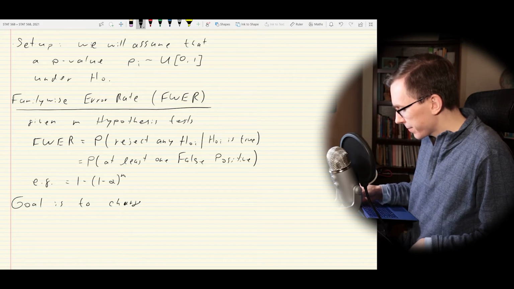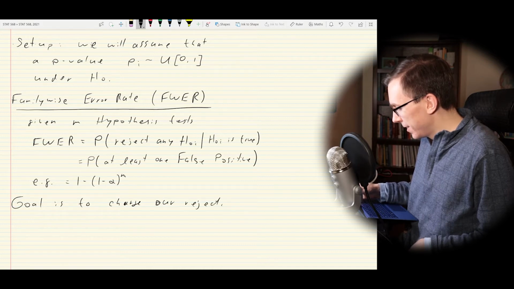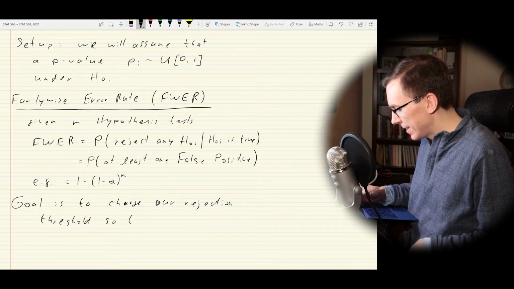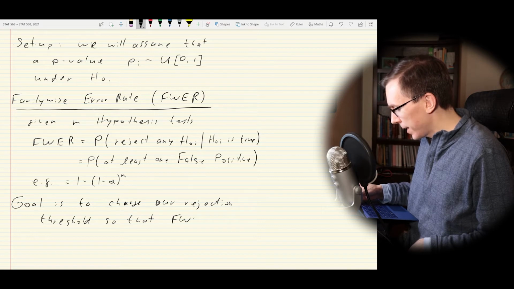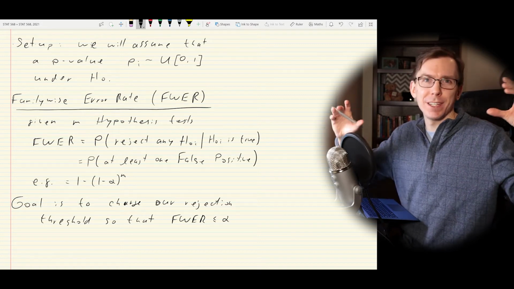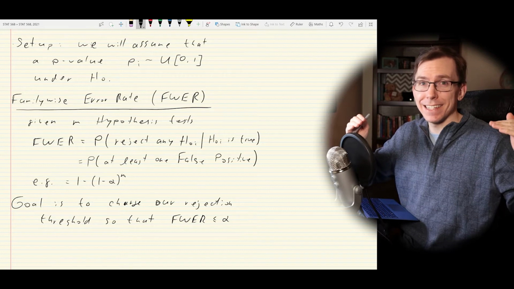change our rejection threshold so that the family-wise error rate is less than or equal to alpha, the desired test size. So now alpha used to be just the probability of a false positive for a given hypothesis test.